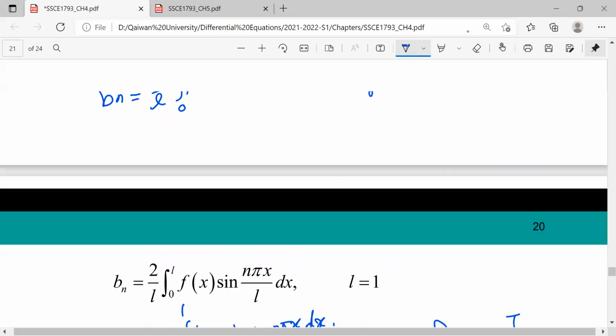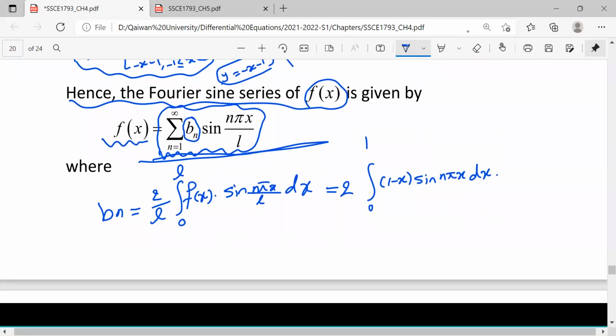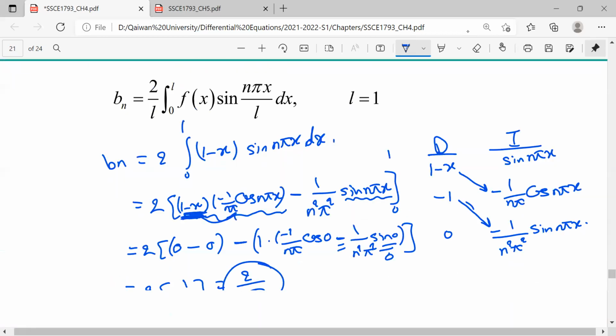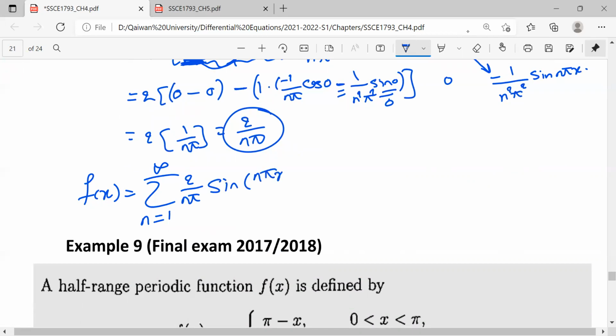We replace Bn here in this series, which becomes the sine Fourier series for the function. We say f of x, the sine Fourier series for the function, is the sum n from 1 to infinity of Bn, which is 2 over n pi, times sine n pi x over L. L is 1.